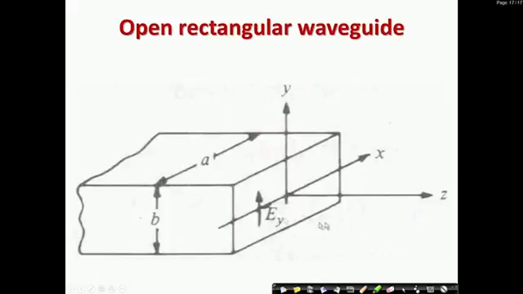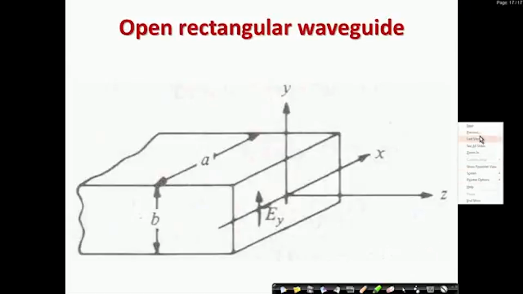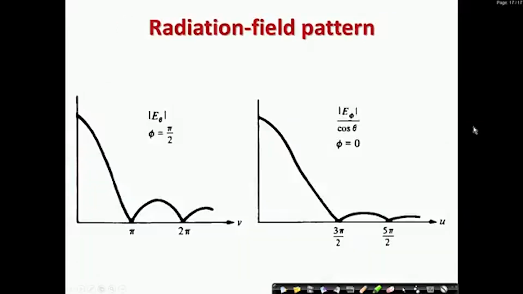So, you know that the electric field is in this direction. So, the magnetic field is in this plane, this direction. That means we can say that the xz plane is the H plane of the rectangular structures.